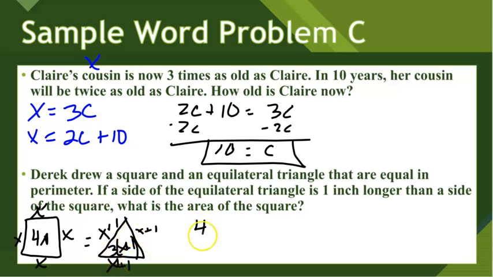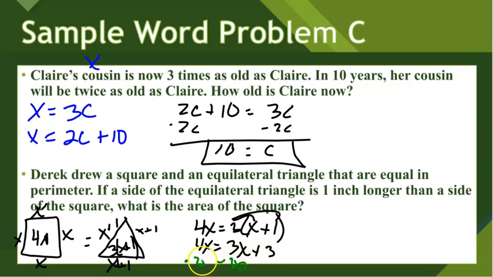So now if I put the equations together, it would be 4x equaling, not 3x plus 1, 3 times, parentheses, x plus 1. So if I distribute the 3, I would have 4x equaling 3x plus 3. Subtract the 3x on both sides.